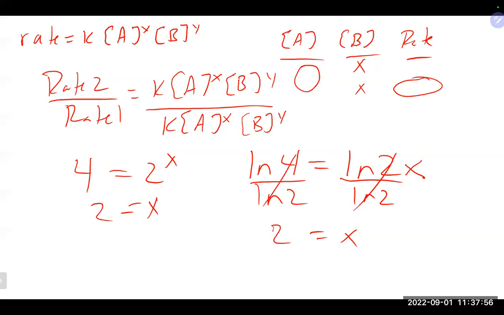If the numbers really don't come out perfect, which sometimes they don't because they are experimental values, in most cases it is fairly safe to round to the nearest whole number if it's pretty close to a whole number. So maybe we had something like 3.99 or something like that, which is obviously 4.